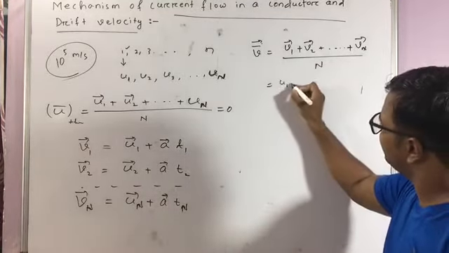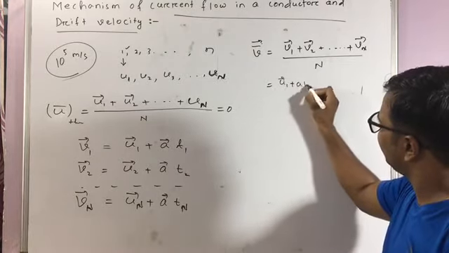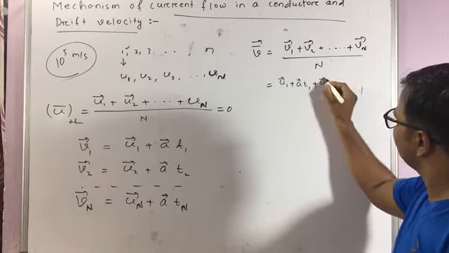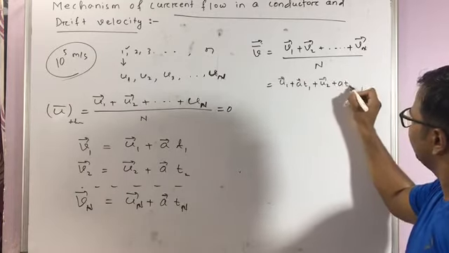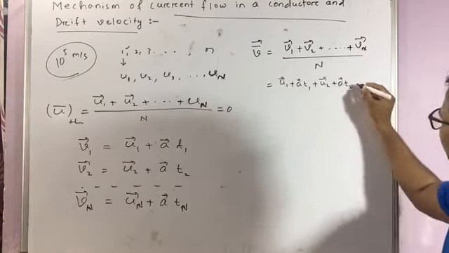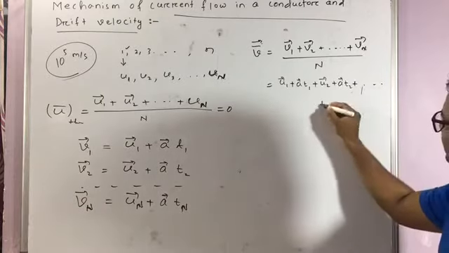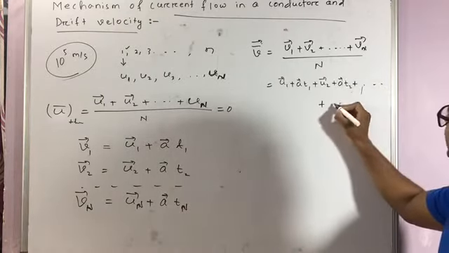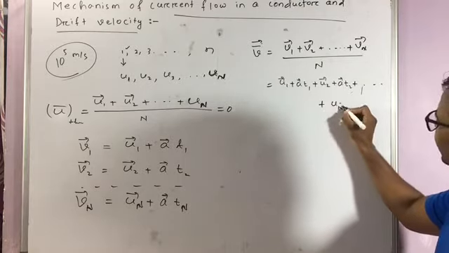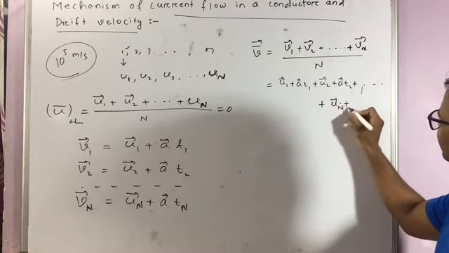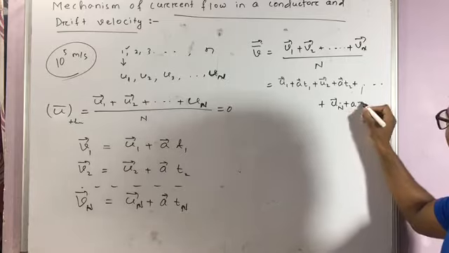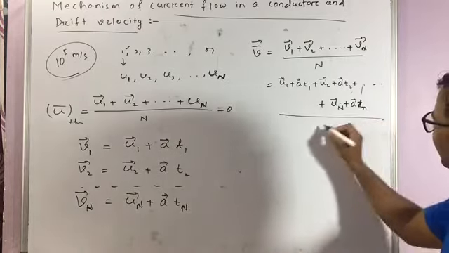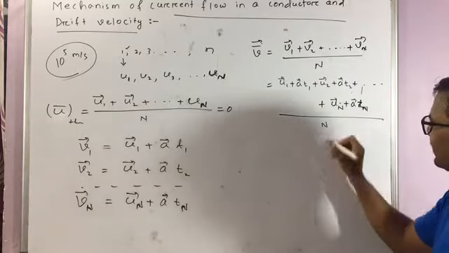V1 is equal to U1 plus A T1, V2 is U2 plus A T2, plus up to Vn, which is Un plus A Tn, divided by n.